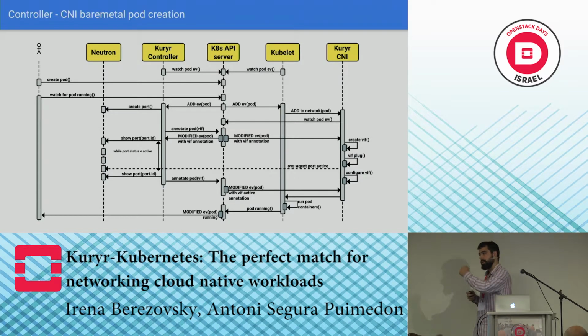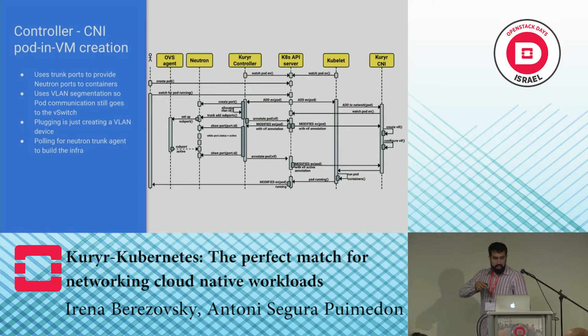And when it sees it, it executes the binding using the standard os-vif plug method. And this will trigger the OVS agent to do the coordination with Neutron. This depends, of course, on the backend that you're using. And once the controller sees that it is active, it will put a second annotation, and the Kuryr CNI will see it and will know that it can return, and that all the containers that will be started sharing the same namespace as the infra container will have immediate networking, so no packet will be lost.